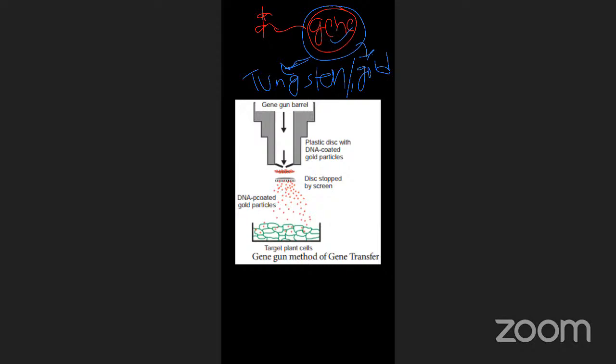Now these are all coated genes, and they are injected into the operator. This is called the gene gun operator.